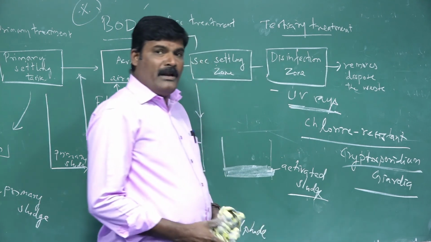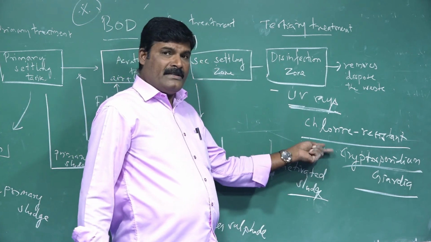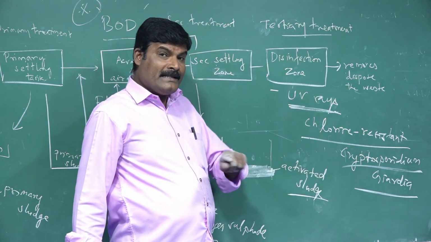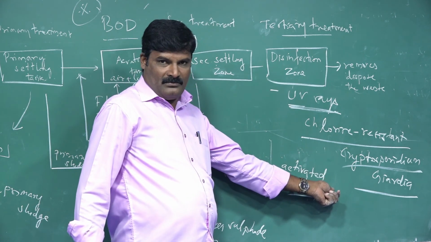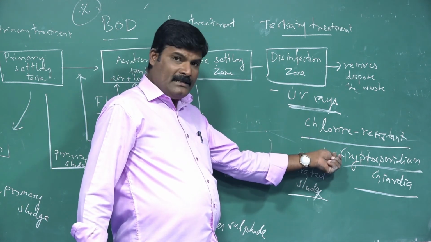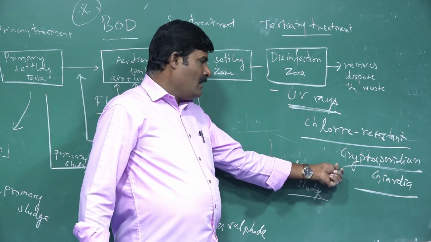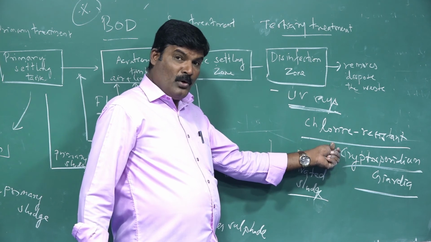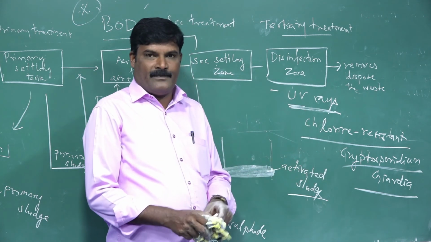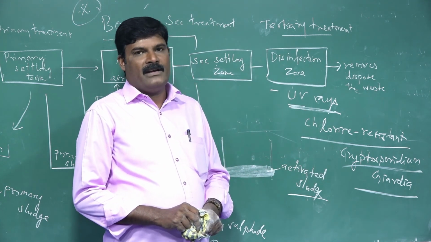Whenever we use chlorine continuously in the water, some microbes become resistant to it; these are called chlorine-resistant microbes. So instead of the chlorinating system, we use UV rays, that is ultraviolet rays.